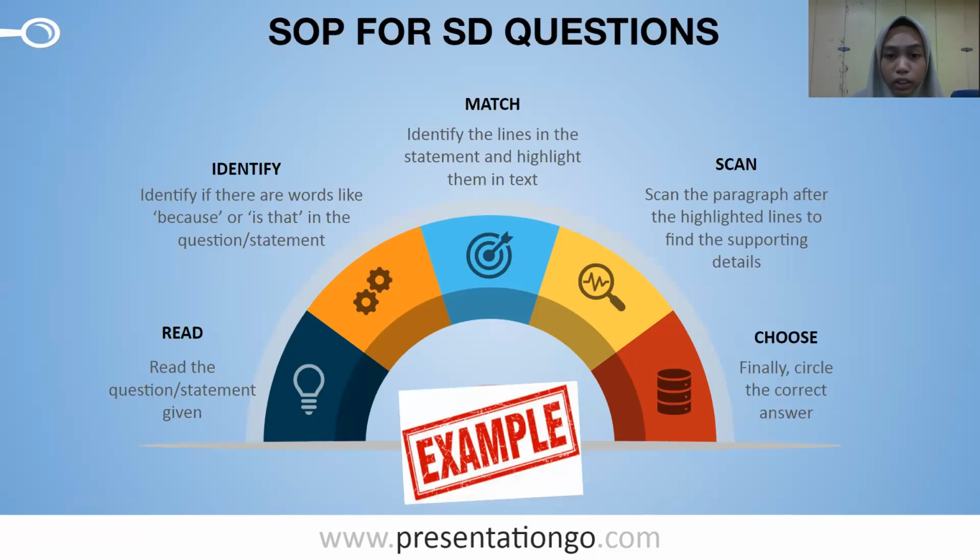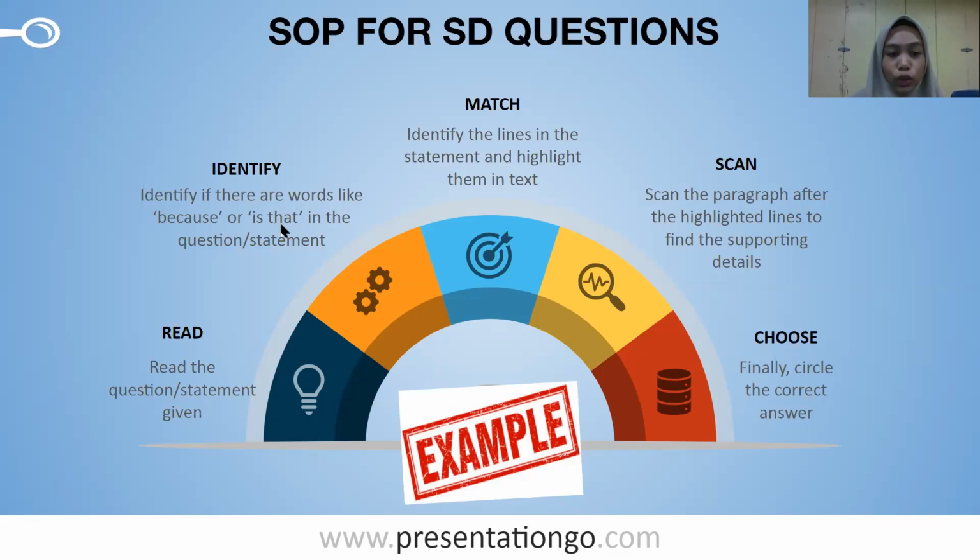Usually, the sentences contain facts, statements, or examples. So how do we identify SD types of questions? When we read the question or statement given, we have to identify if there are words like "because" or "is that." That shows it is an SD type of question, because it asks us to finish the sentence.